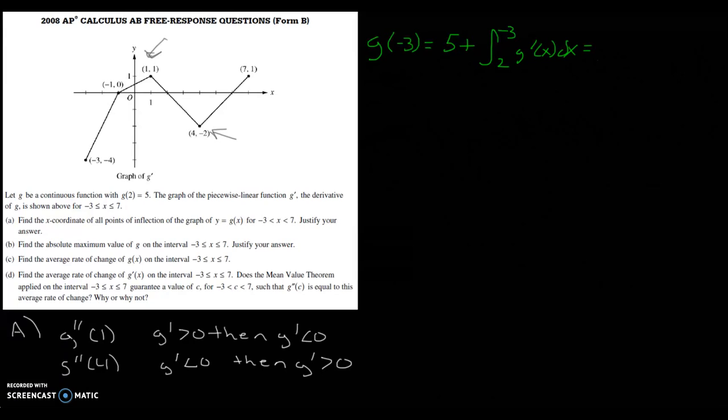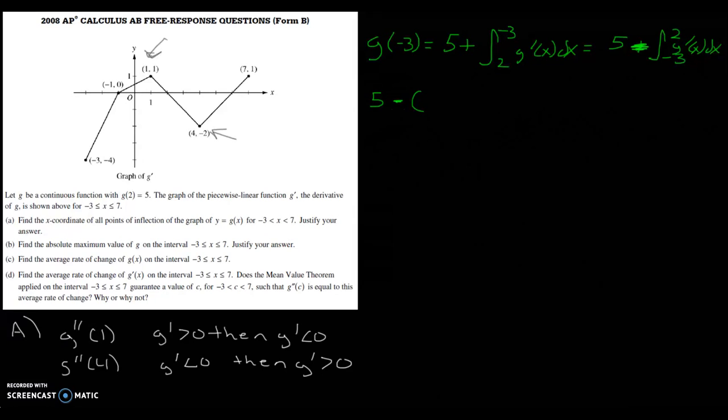We're going to have to switch this, so it's going to be 5 minus the integral from -3 to 2 of g prime of x dx.